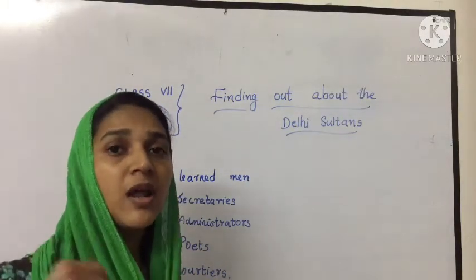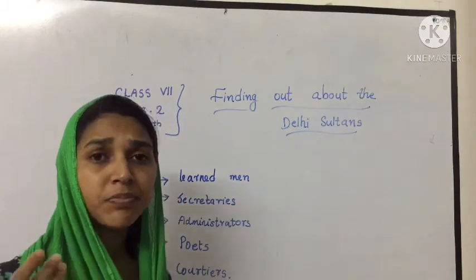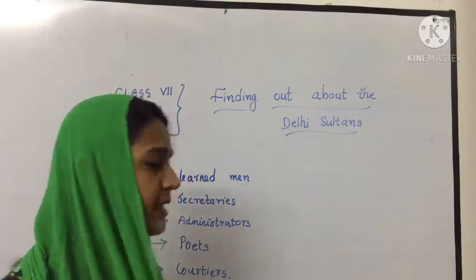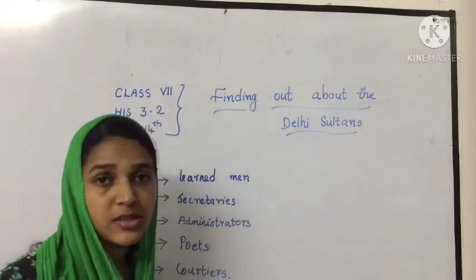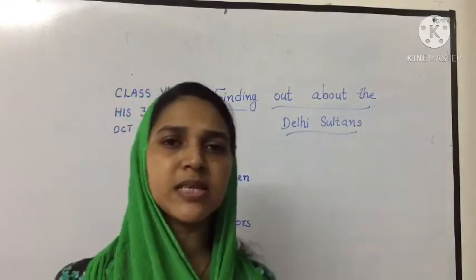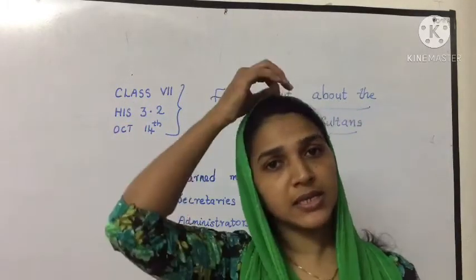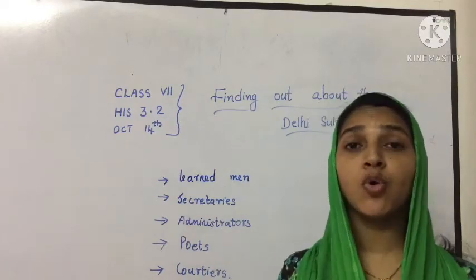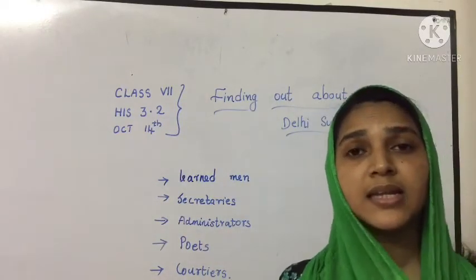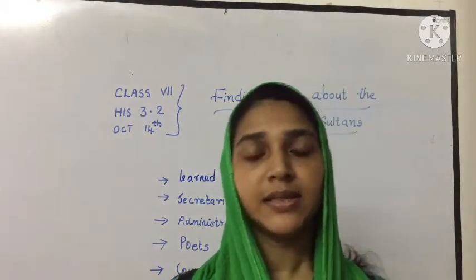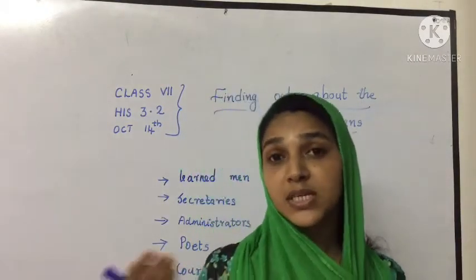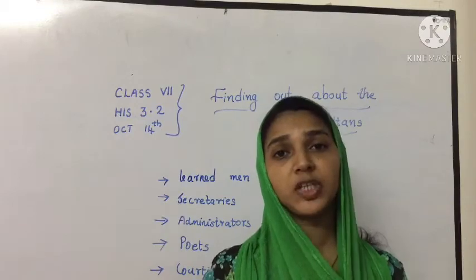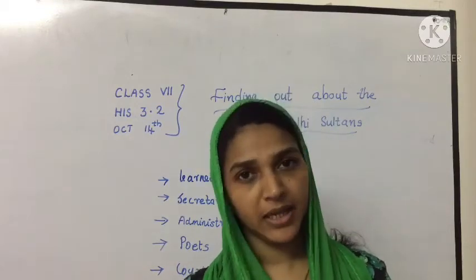The poets wrote the praises of kings. And courtiers. Courtiers means the members of the king's Sabha. So these were the persons who wrote Tarikhs and Tawarikhs, that means the manuscripts which give us information about the Sultan period.